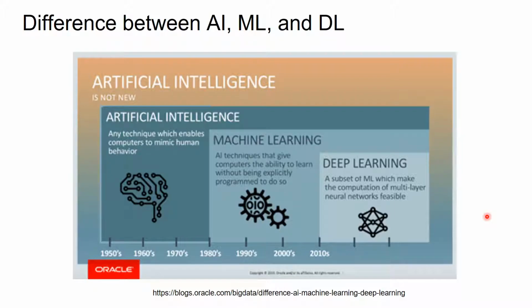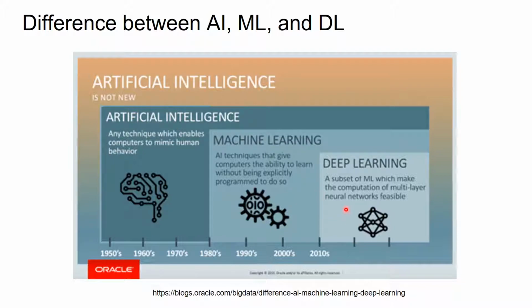And the difference between AI, machine learning, and deep learning, you can see in this figure. They are all in the artificial intelligence field, but deep learning is a subset of machine learning, and machine learning is a subset of AI.